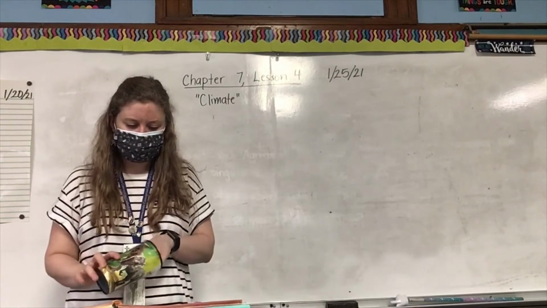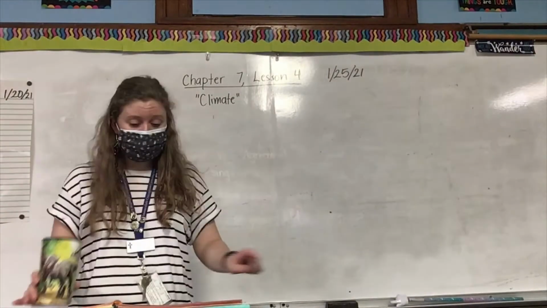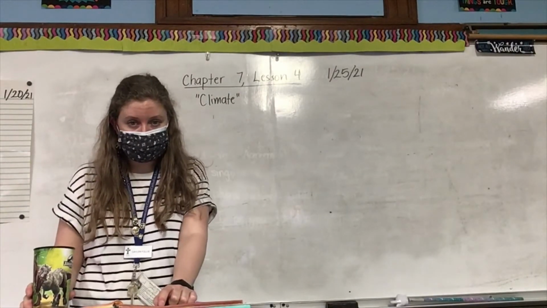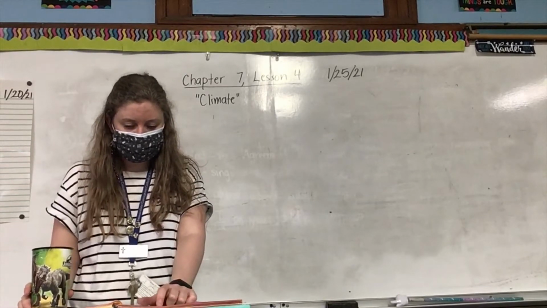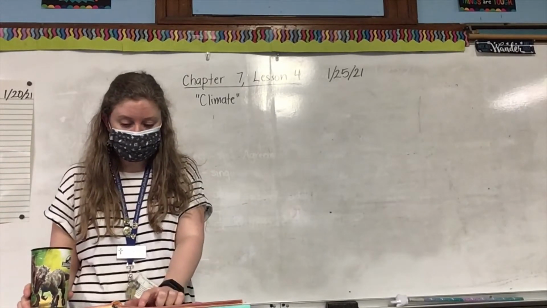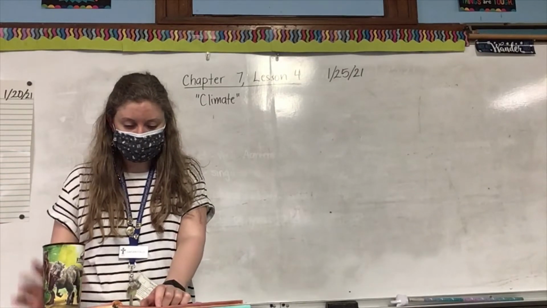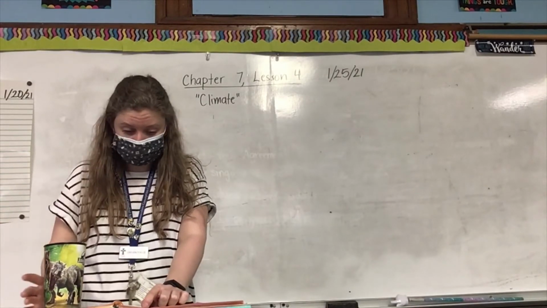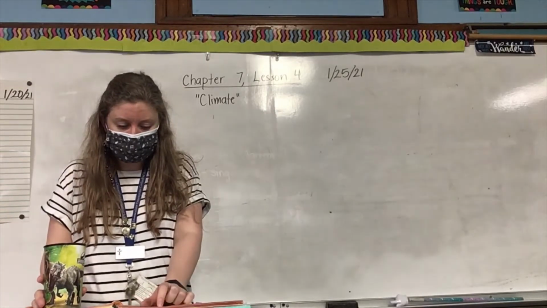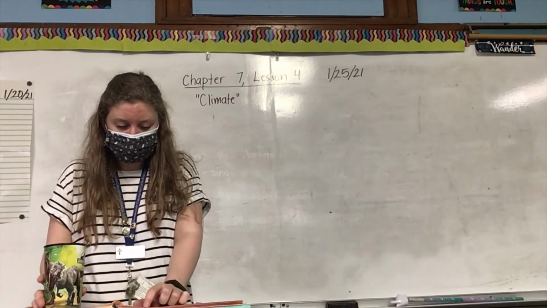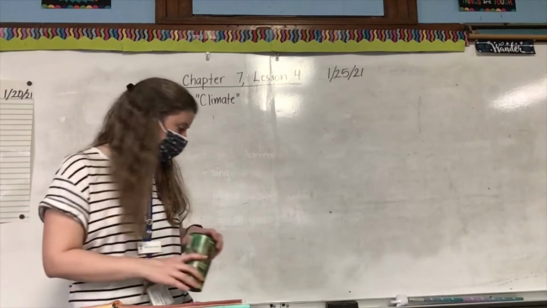Smith, please read next. What is climate? The weather where you live may change from day to day. Yet you can predict what the weather will be like each season. The pattern of seasonal weather that happens year after year is called climate.